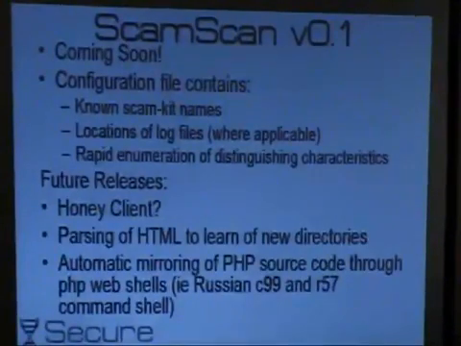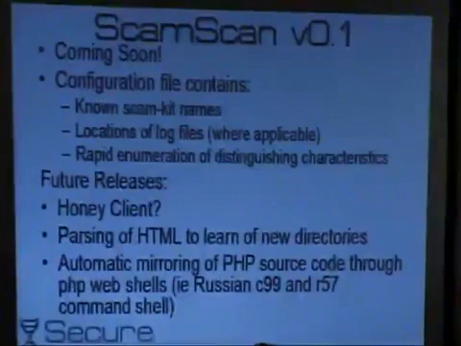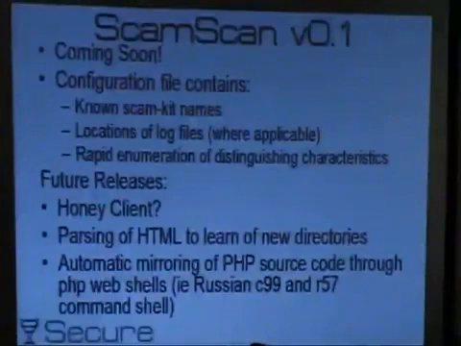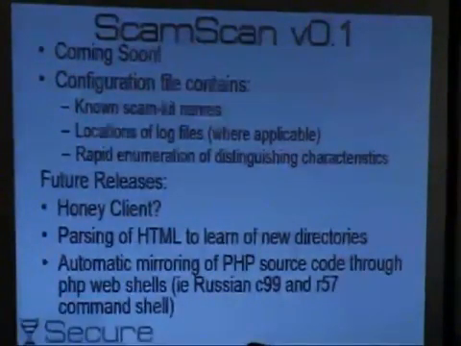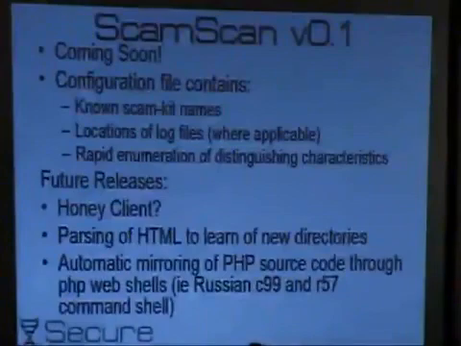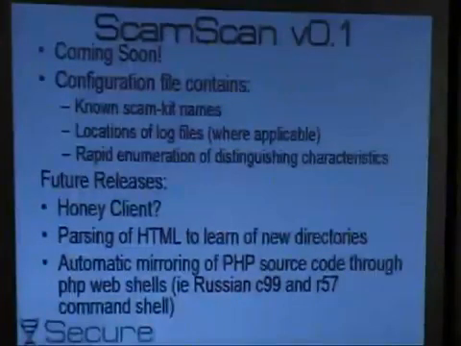If you're doing IRC monitoring, like running your own eggdrop bot and watching a channel, you'll sometimes see a list of bank scam kits on a website if you monitor URLs. We put those in our config file, and when we see something like a live eBay scam, we run Scam Scan on it.